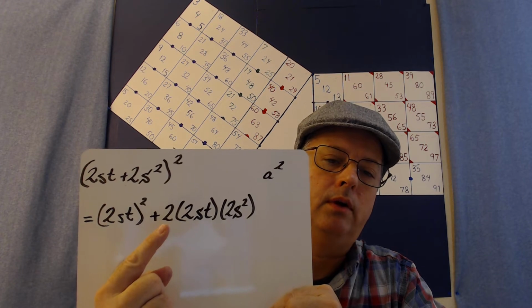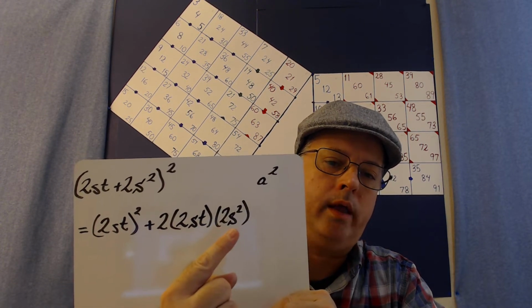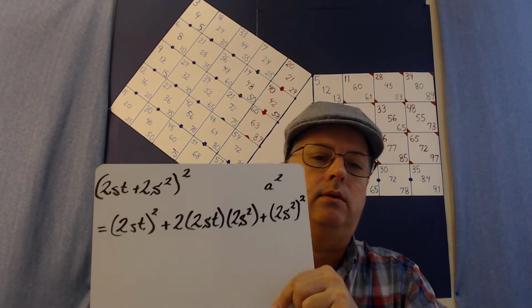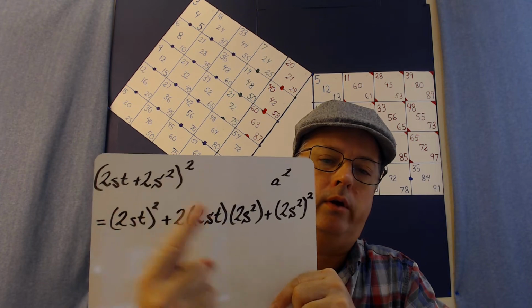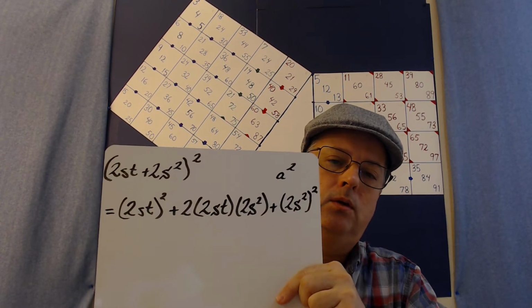So here we have x squared plus 2xy, and then plus y squared. So that'll be plus (2s squared) squared. The y is 2s squared, and we're going to have plus y squared. So we use that general expansion.